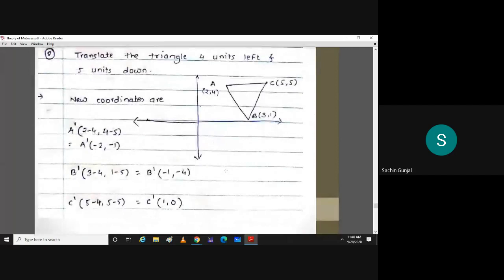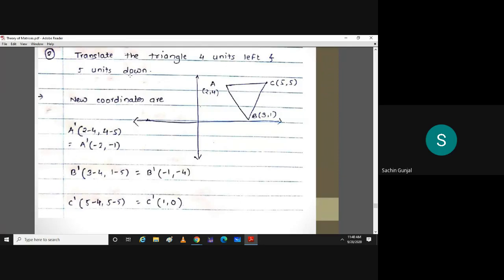It's 11:40. So translate the triangle 4 units left and 5 units down. 4 units left and 5 units down.